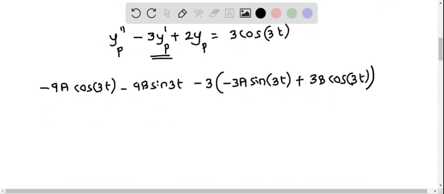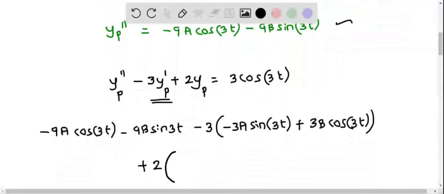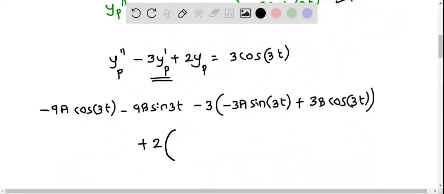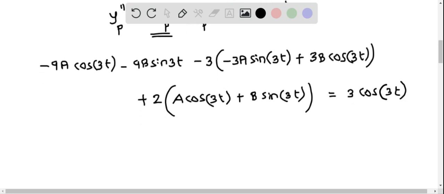And then I have to replace the yp, that is plus 2 times yp. Yp is a cosine 3t plus b sine 3t. So I replace it here: a cosine 3t plus b sine 3t, and on the right side we have 3 times cosine of 3t. Basically we have to simplify this, equate the coefficients of cosine 3t and sine 3t, and solve for a and b.